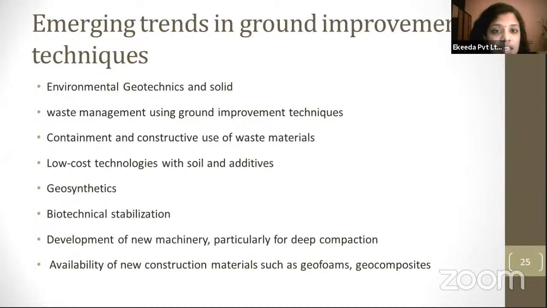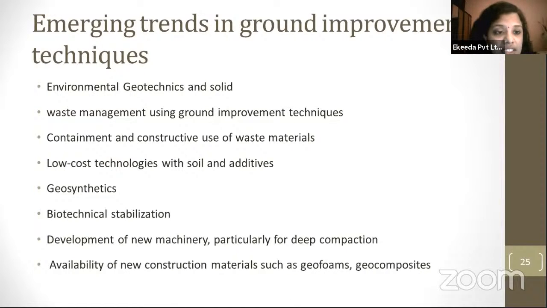Now let's see what are the emerging trends in ground improvement techniques. The latest techniques are the use of recycling. The main concept is sustainability, that is reusing or reducing the waste.